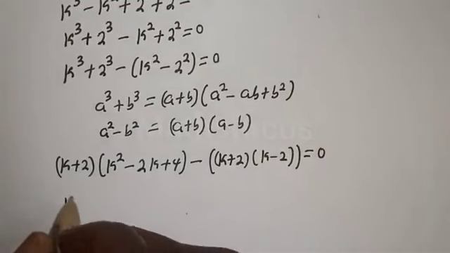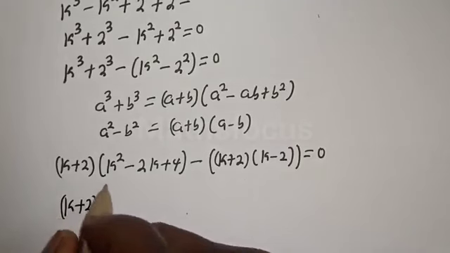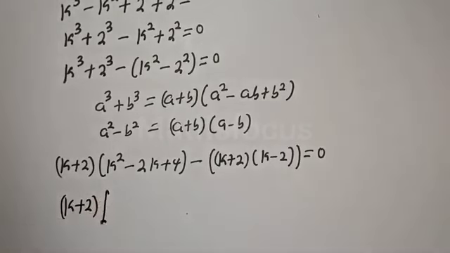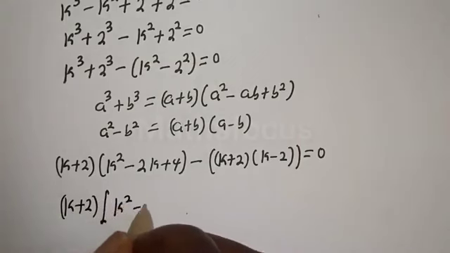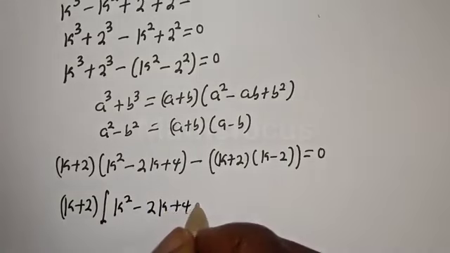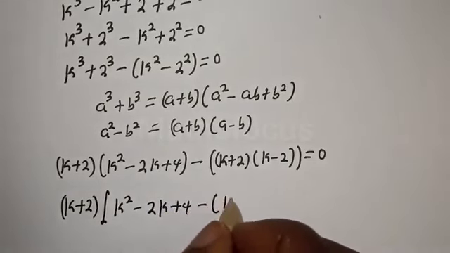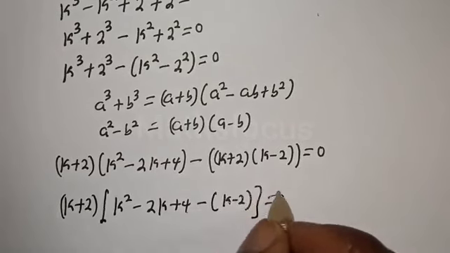Then k plus 2 bracket k square minus 2k plus 4 minus k minus 2 equal to 0.